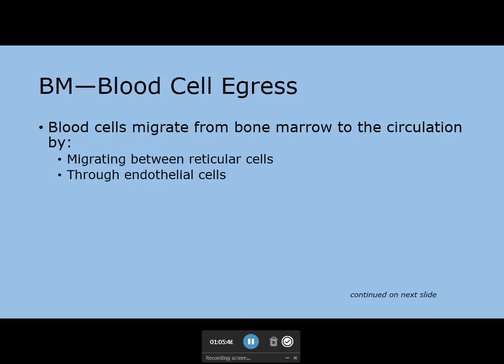This is your bloodstream right here, and you would have the endothelial cells here also. A lot of times the endothelial cells will actually contract a little bit to give them a little opening to get through when they become mature. So it's called egressing. Blood cell egress.